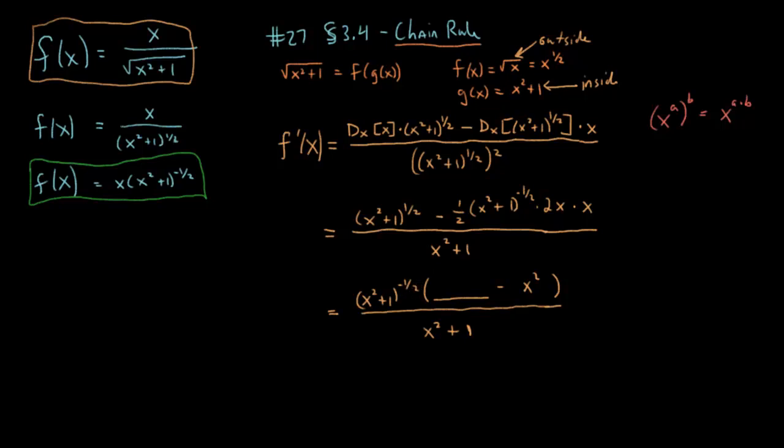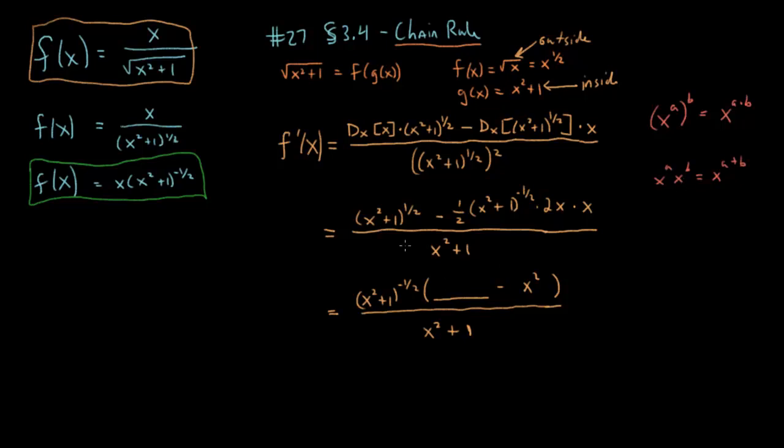Well, with exponential expressions, if you have, say, x to the a times x to the b, that can be rewritten as x to the a plus b. So when you have exponential expressions of the same base, you simply combine them as a single base and you add the exponents.